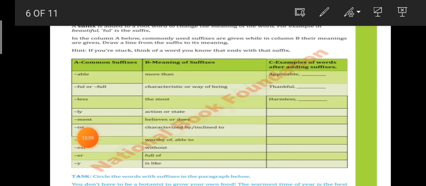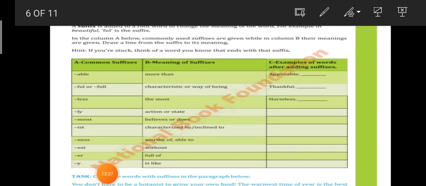And then ment, acknowledgement. Then ist is given and you can write dentist. Then ness is given, you can write happiness. Then est is given, you can write wisest. Then er is given, you can write wiser. And then y is given, you can write teary.